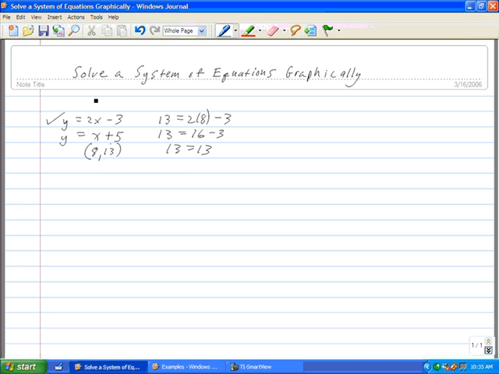So again, I see the first equation working. But that, again, is not enough. I have to take the second equation, plug in the y, plug in the x, and this time we see that it works both times. So I can conclude safely now that that ordered pair is a solution to this system of equations.